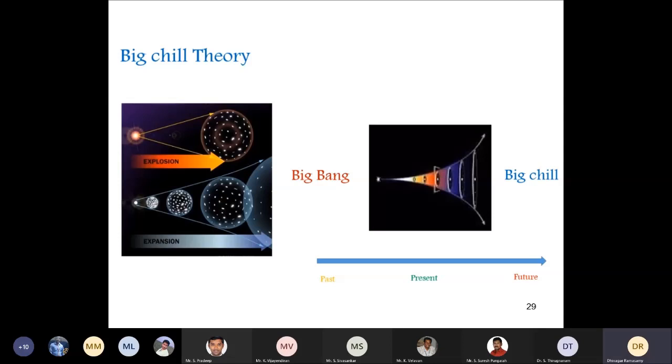So this is another example for the entropy concept: Big Bang theory. We all know the Big Bang theory. Our universe was created by the process of explosion.